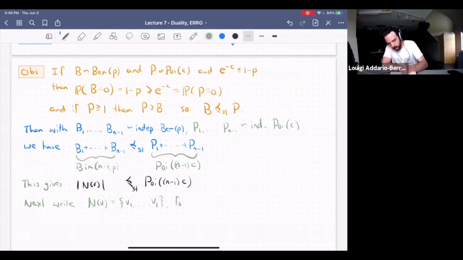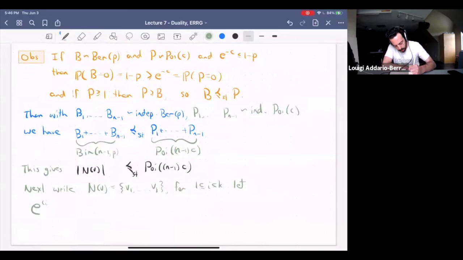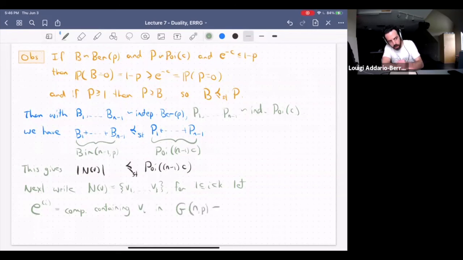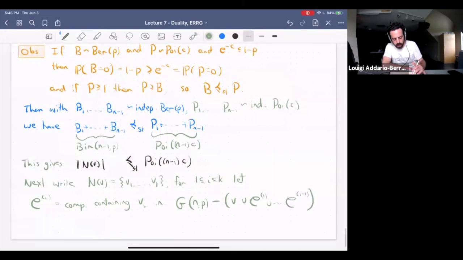Then for i from 1 to k, I'll let Ci be the component containing vi in the graph G(n,p) where I remove v, and I also remove the components C1 up to C(i minus 1). Okay, so maybe a picture of that is in order.